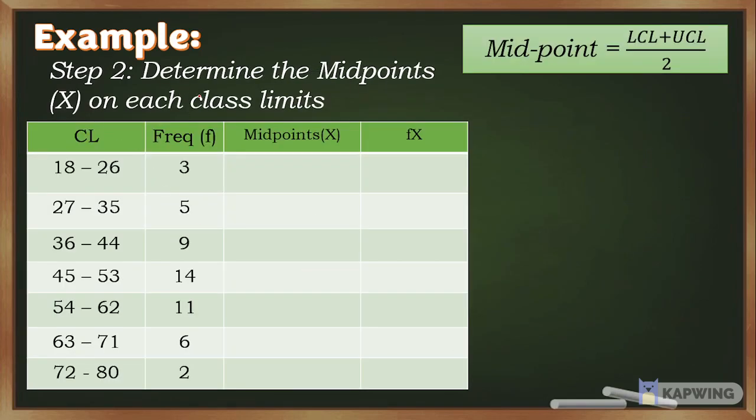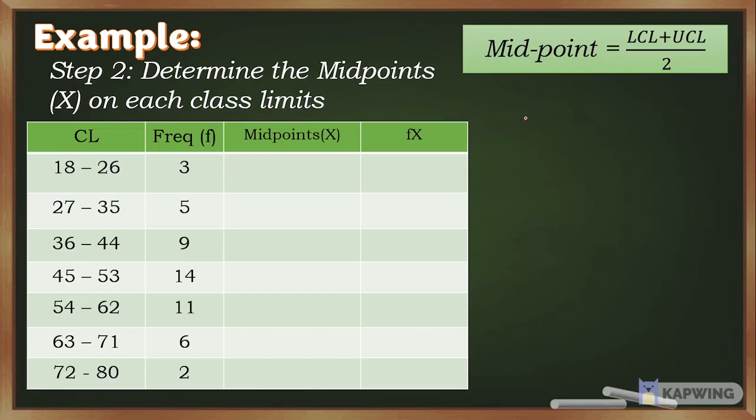For step number 2, determine the midpoints x of each class limit. So, what is the midpoint of 18 to 26, 27 to 35, and the rest? The formula we will use for the midpoint is lower class limit plus upper class limit divided by 2.